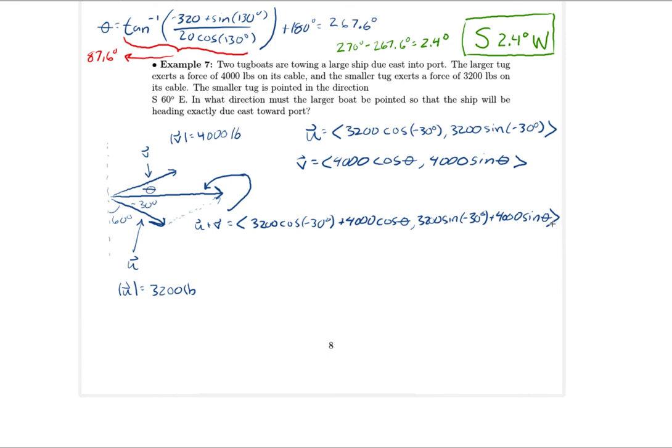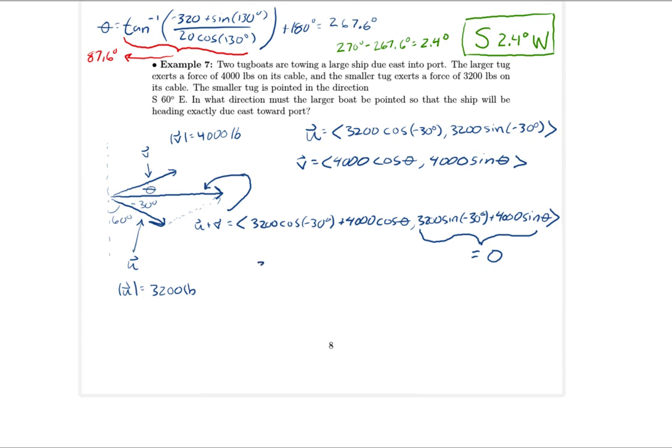Okay, so now let's think about this. What do we know about this thing? The thing we know about this vector we're trying to create is that the y component should be 0, right? This is equal to 0. And that's what allows me to solve this problem and figure out what theta should be.